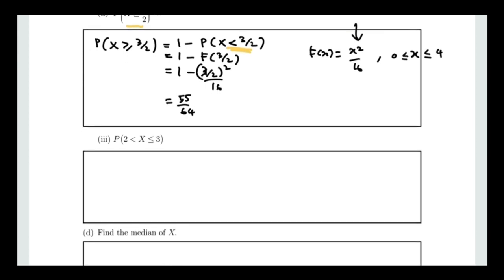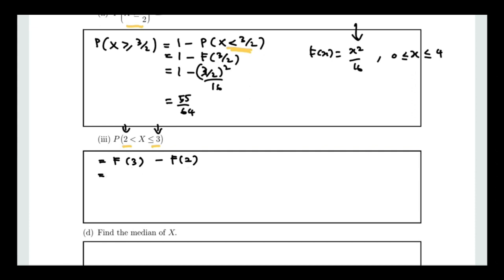This question asks to find P(2 < X ≤ 3). This is in between two values, so you can straight away write F(3) minus F(2). It should be F of the upper limit minus F of the lower limit. Then we substitute 3 and 2 into the correct function.